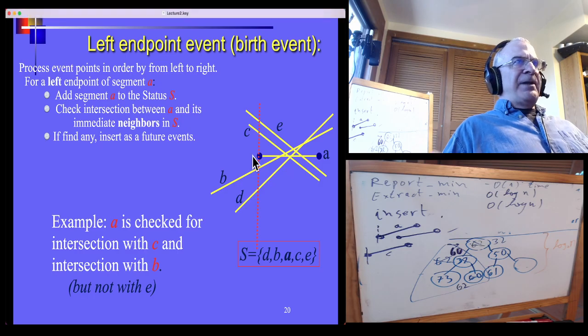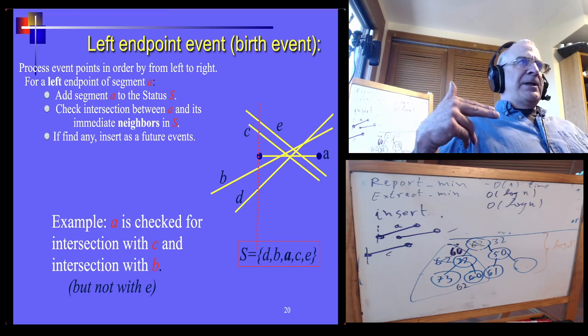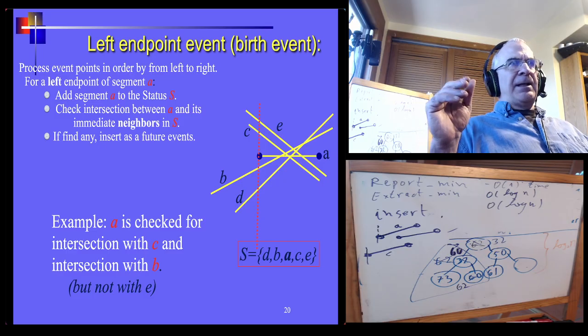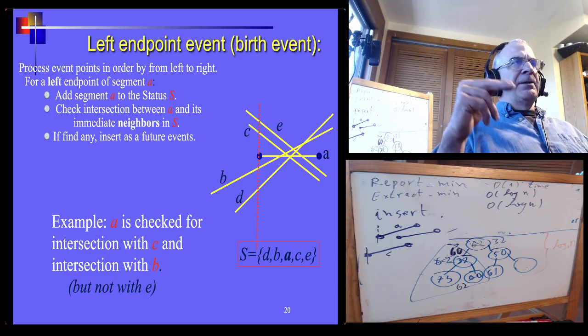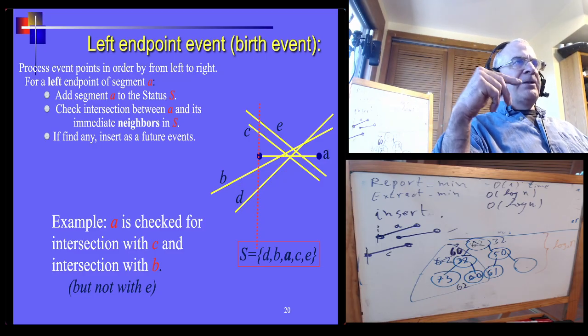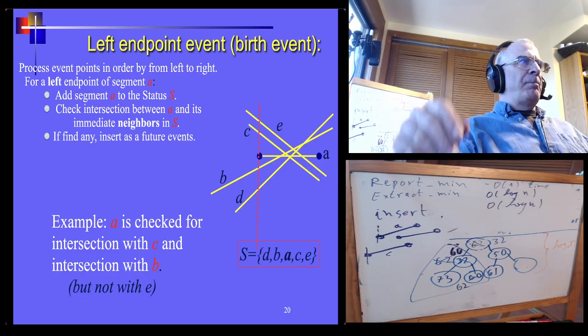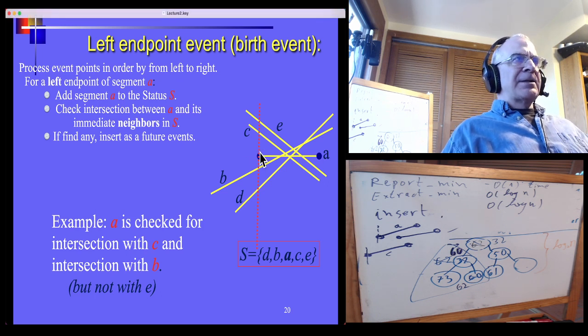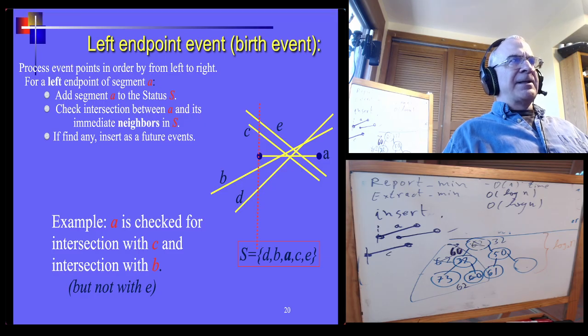Okay, is everybody feeling comfortable with the notion of immediate neighbor? From now on, every time that I say neighbor, I mean the immediate neighbor, immediately above me and immediately below me. I don't see through a segment. Segments are opaque. And I only care about intersections between immediate neighboring segments.